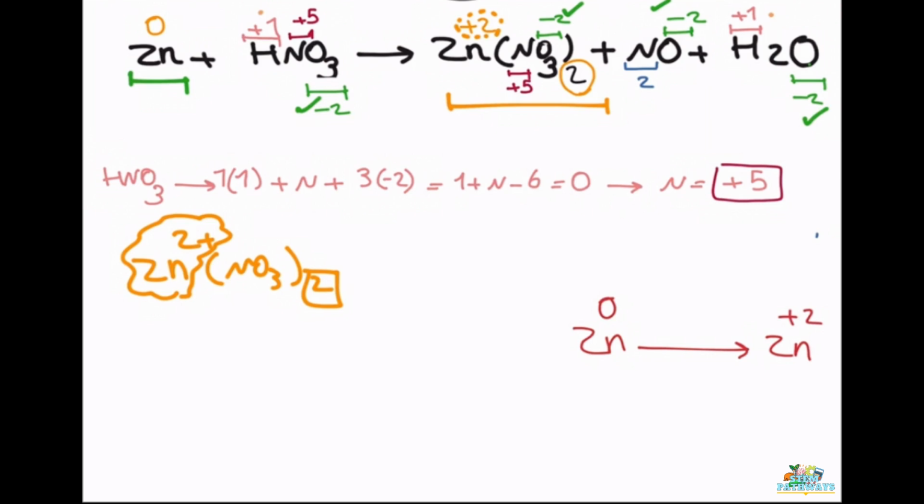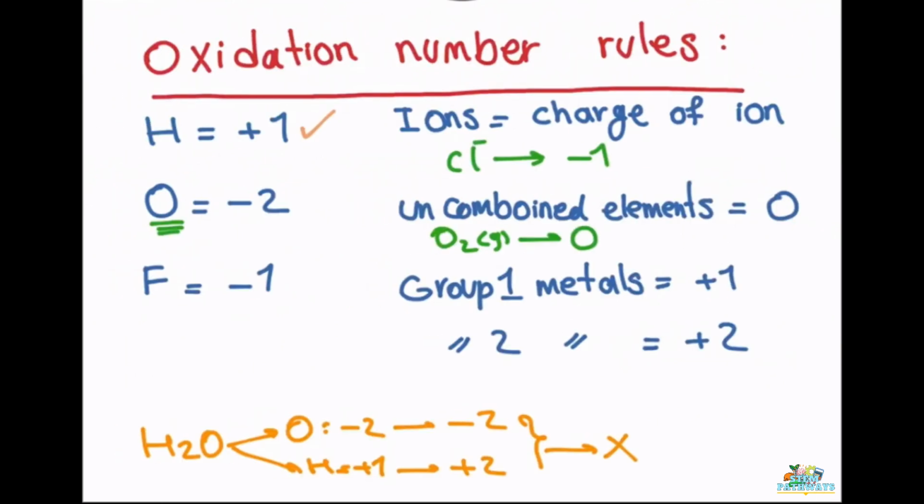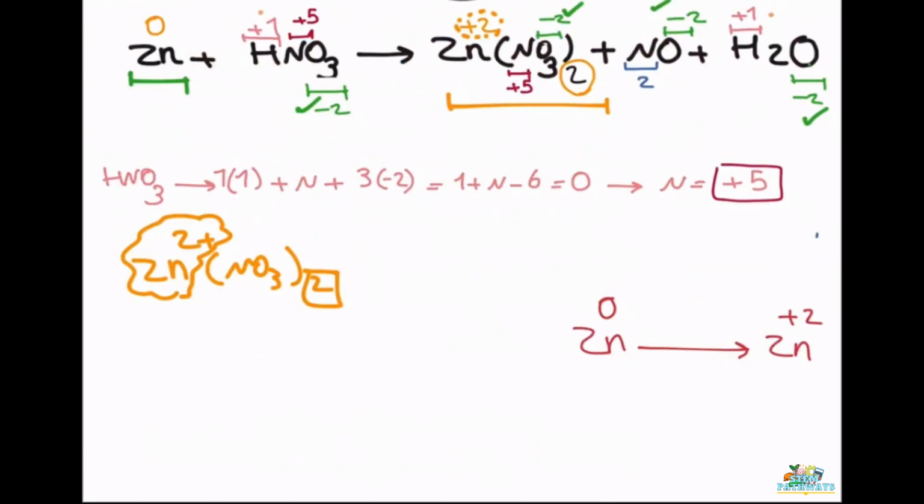However, we don't know anything before doing the calculations about nitrogen because nitrogen is not one of these rules that you see here. So we have to calculate the nitrogen. How we do it: we should remember that the sum of the oxidation numbers of atoms in a compound is equal to 0. For example, HNO3 should be 0.